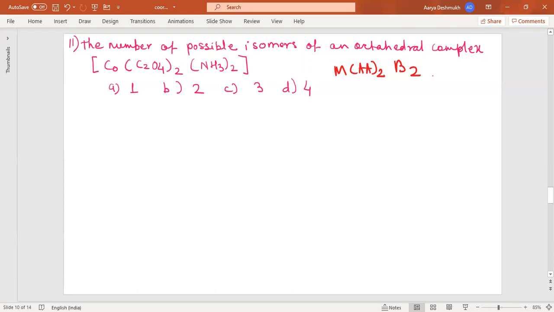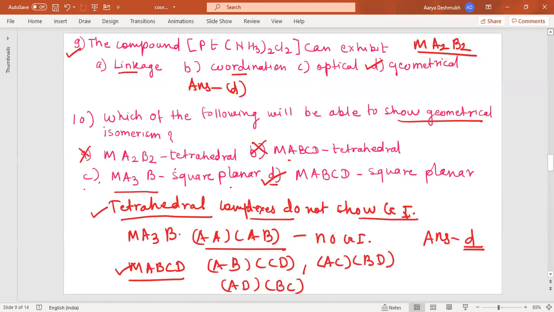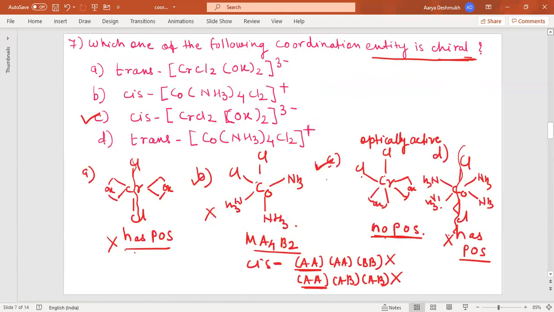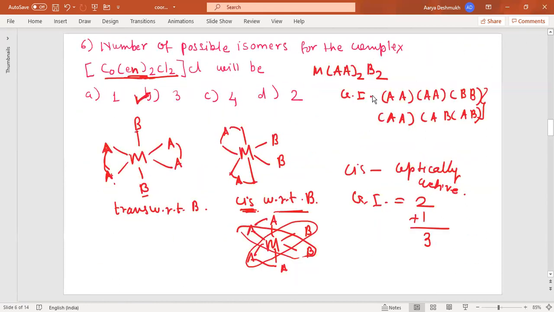We wrote this M(AA)2B2 type of complex as question number 6. Only there is a change in the example. So the number of possible isomers is 3 here.